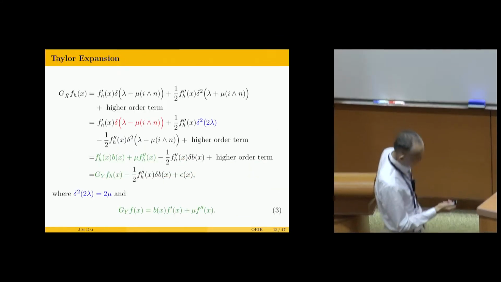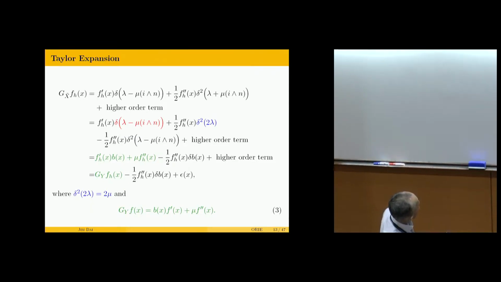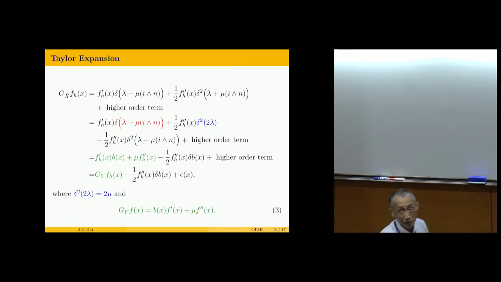So now coming back to this operator, the generator, you do the Taylor expansion and you get a first order term, a second order term, plus higher order terms. The first order term, in red, is called B of x, so I'm going to use the notation B of x.